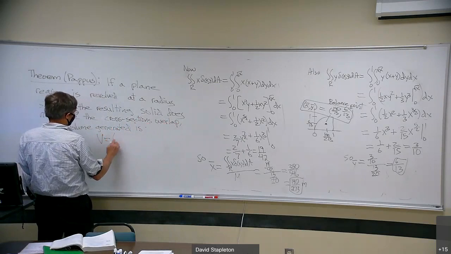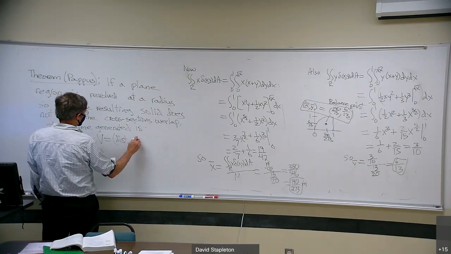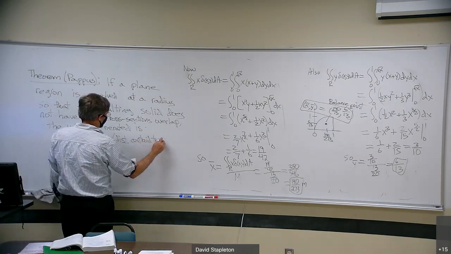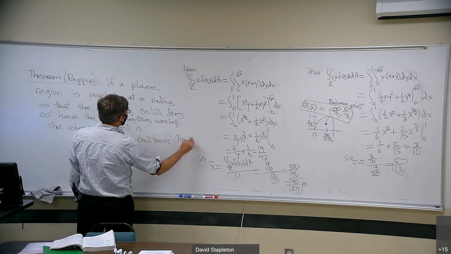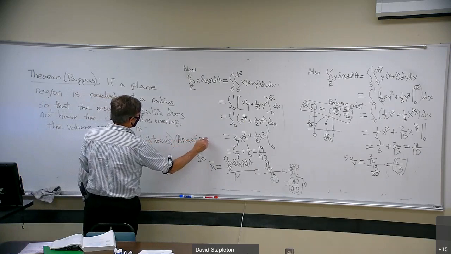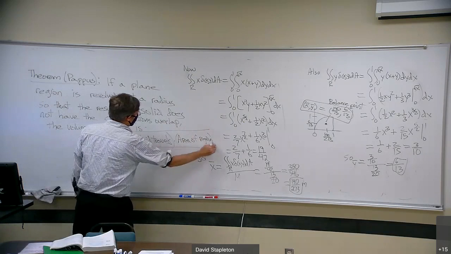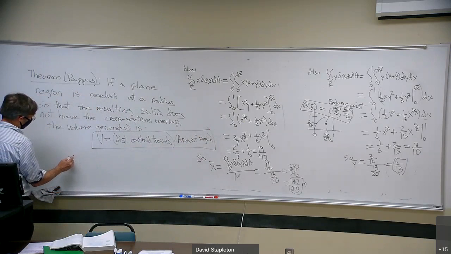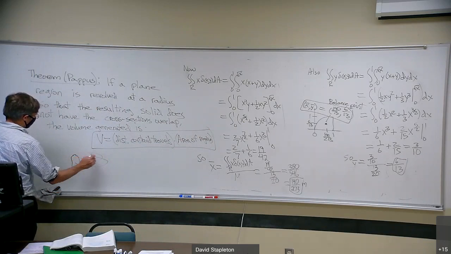So it's V equals distance the centroid traveled times the area of the lamina of the region. Now, I did this for a circle. Actually, you can do this more generally. We have some plane region, and we revolve it in a big circle to generate a solid like that.